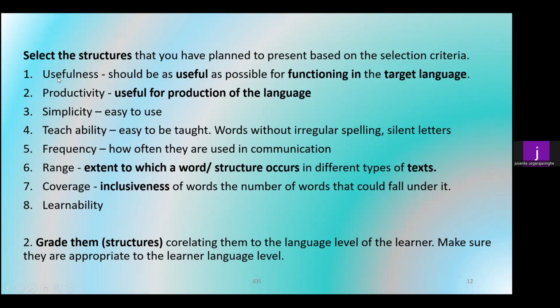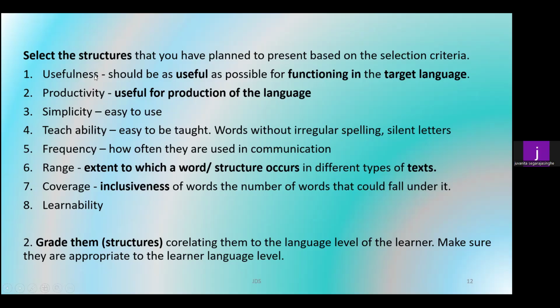Now, we are not going to look into all these 8. These are just criteria, but basically we focus on the first 4: usefulness, productivity, simplicity and teachability. Just for your knowledge, it's always good to know the rest of the criteria as well.